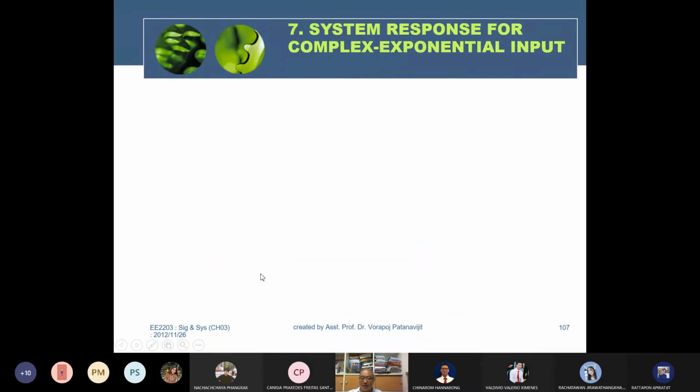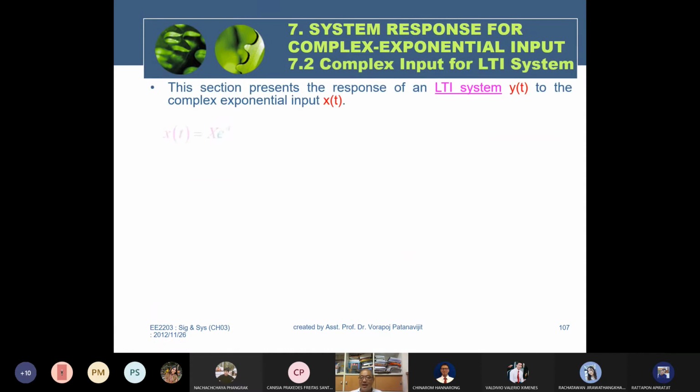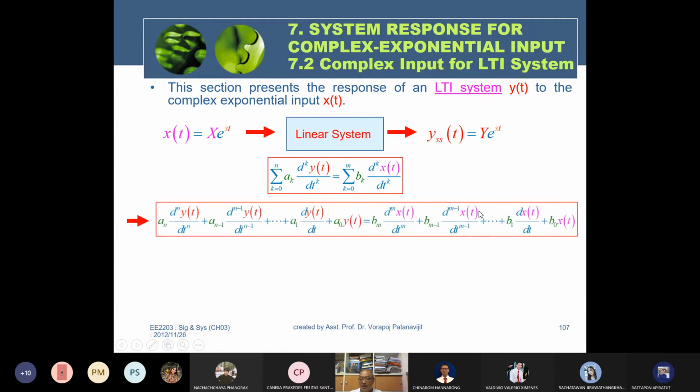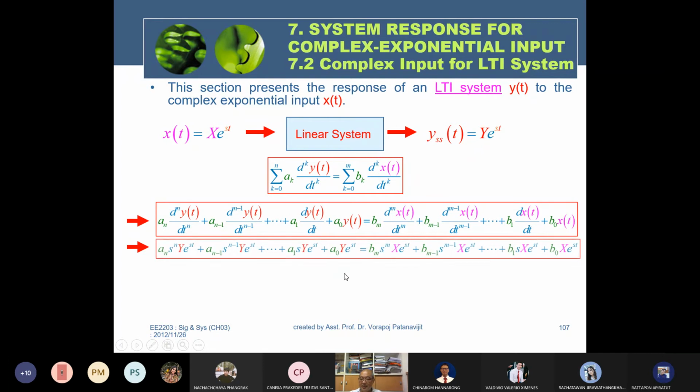From the complex point of view, we give a complex input to the LTI system. This section presents the response of the LTI system y(t) to the complex exponential input x(t). If the input is complex, the output is complex too, and since the system is still a linear differential equation of order k, it can be distributed in this form, by here and by here.